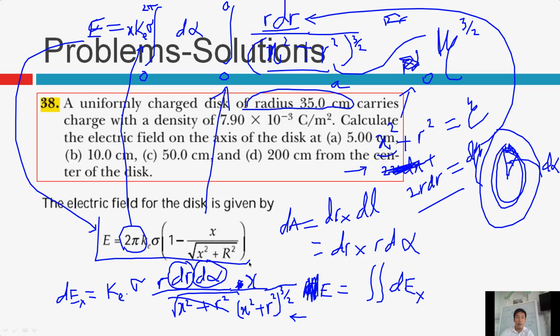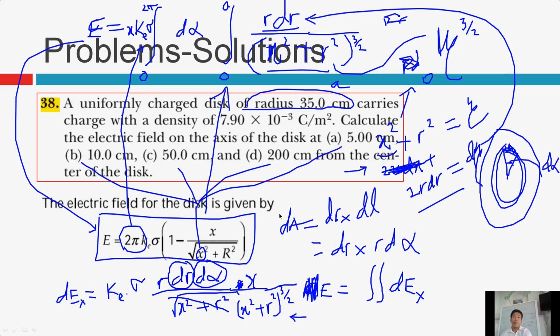After you solve it, you have the result here. And the thing is, you just need to substitute the value of h, which is 5, 10, 15, or 200, and you can find E. Is it okay? Any question? Students, do you understand?